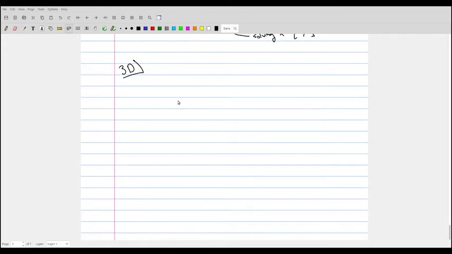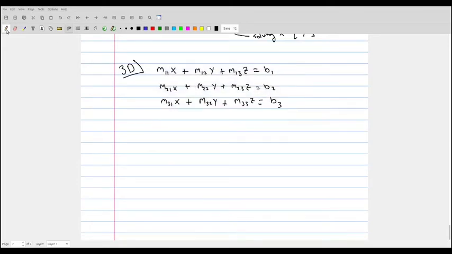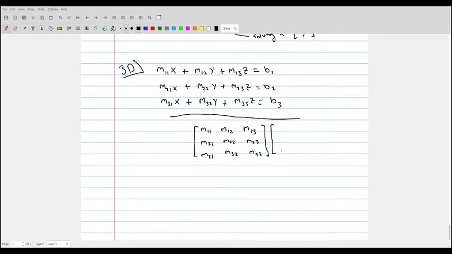So for a system of 3 equations and 3 unknowns, x, y, and z, this system is the same thing as the matrix M11, M12, M13, M21, M22, M23, M31, M32, M33 times the vector of unknowns x, y, and z is equal to v1, v2, v3.